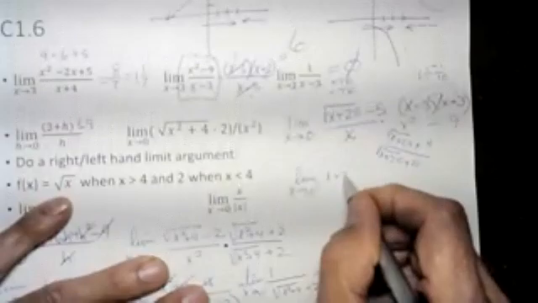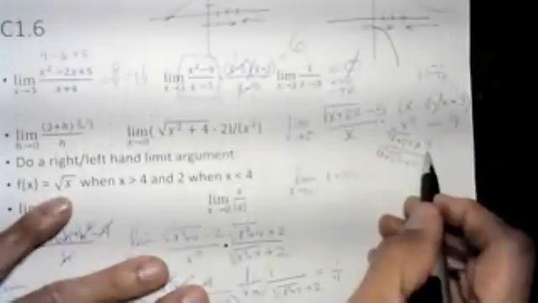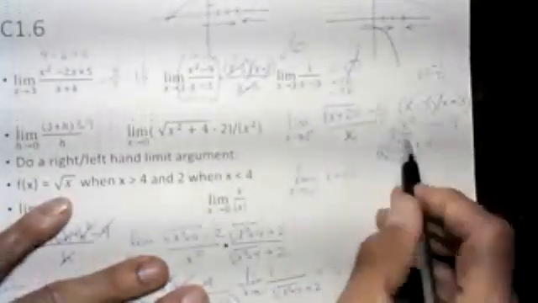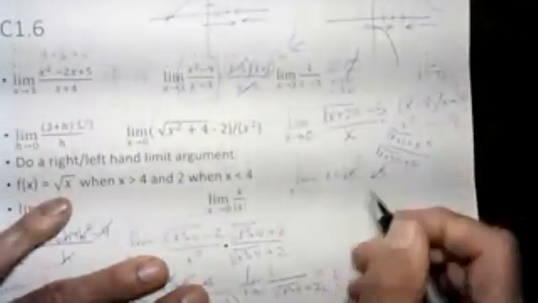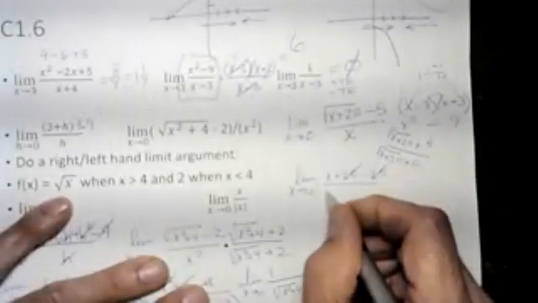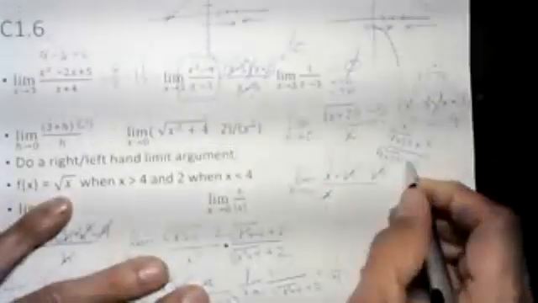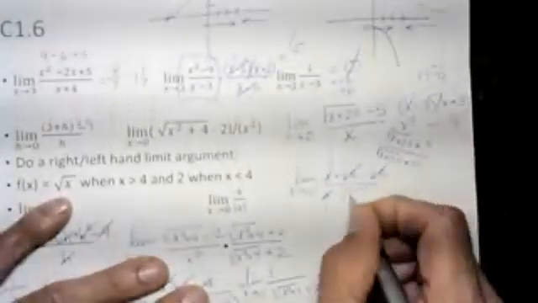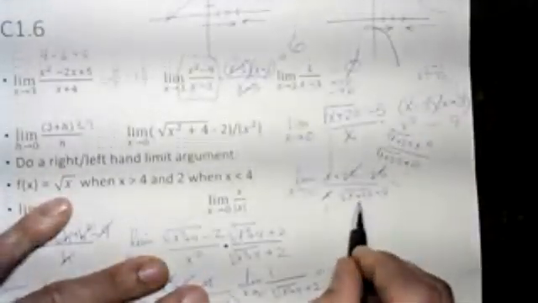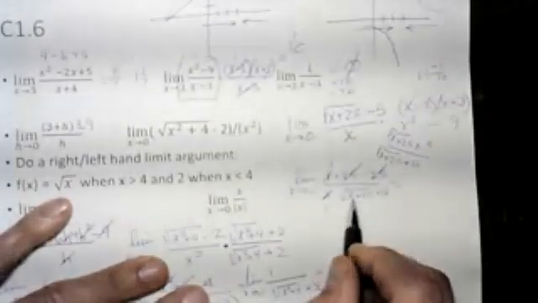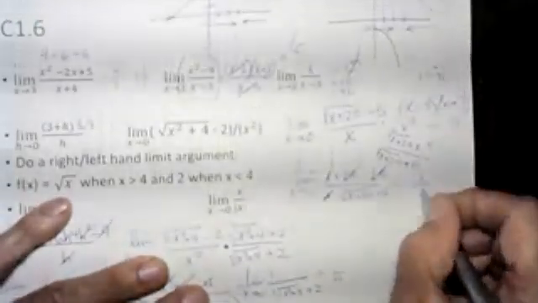I get x plus 25. Outers and inners, positive 5 times the root, negative 5 times the root, negative 25. Look at that, they go away. And then I can cancel the x's, and I'm simply left with root x plus 25 plus 5 on the bottom. Now you can put 0 in with no problem. The root of 25 is 5, plus 5, would be 1/10. Okay?